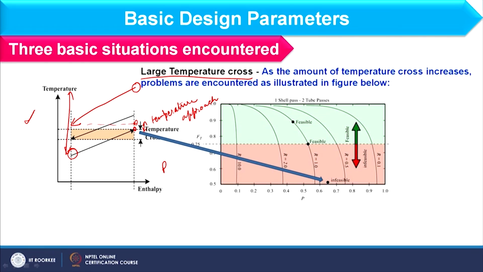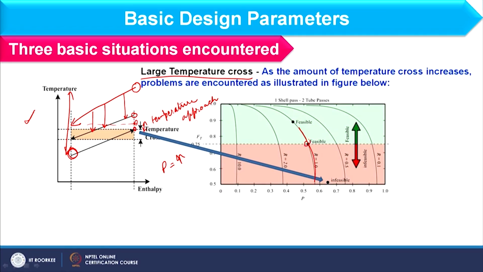Fine. However, if I am considering temperature cross, then what will happen? This line will fall up to this level. Okay. And now, P value will be what? This minus this. So, what will happen? As temperature cross increases, P value will increase, right, because denominator value will decrease. Okay. Now, what will happen if I am considering the same R? Okay, let us say this R I am considering, and if temperature cross increases, P value will increase.